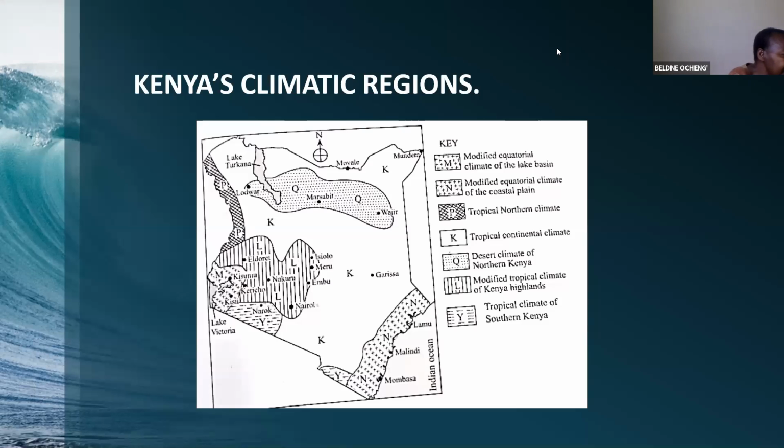I've said and I'm repeating, location is very key. So we go to where we are seeing N, with Lamu, Malindi, Mombasa along the coast. That is N.